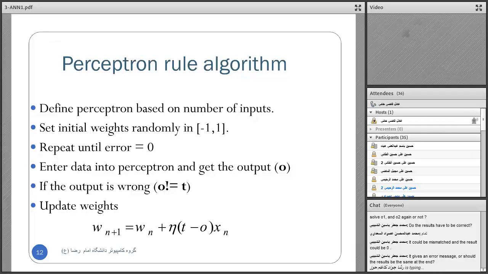The error on the training data means that we give all of the training data to the model, and we get the outputs, and then we compare them with the target outputs. All of them should be equal. Okay? No problem?